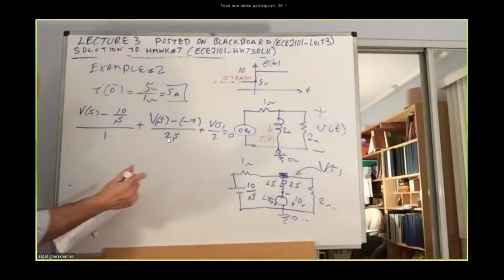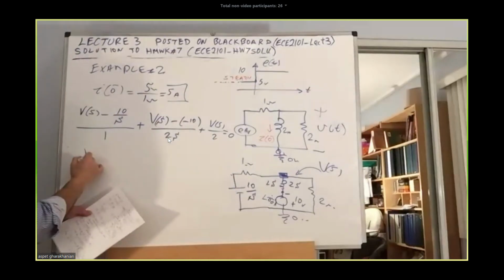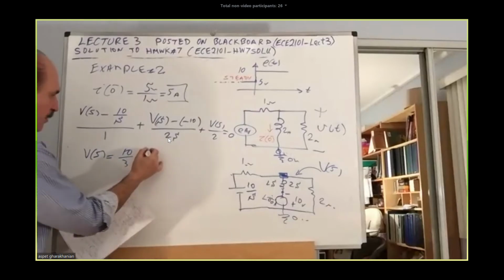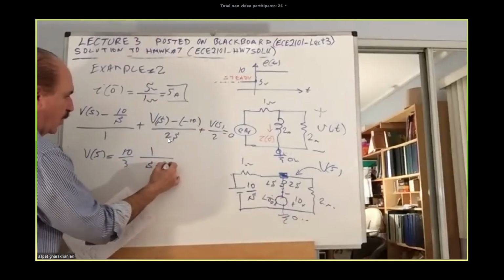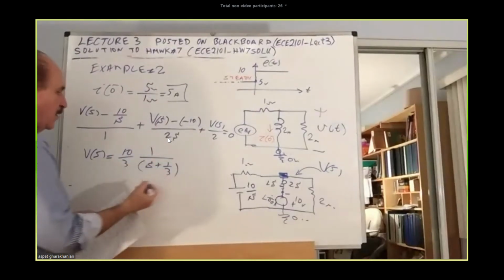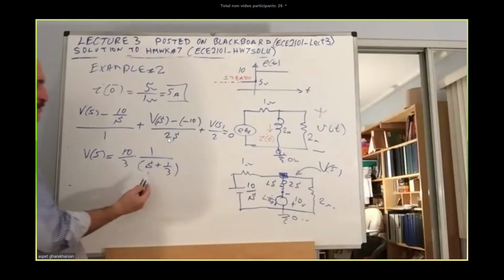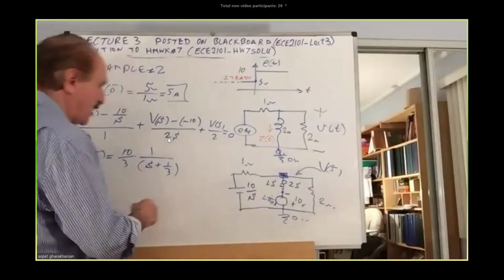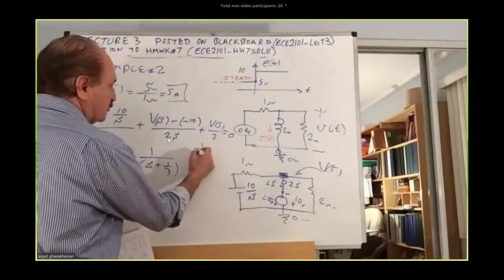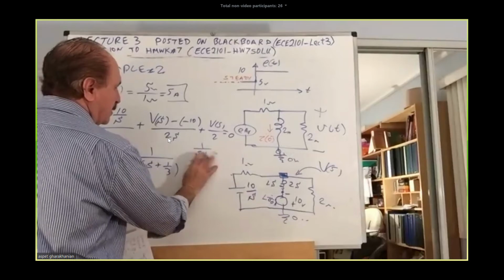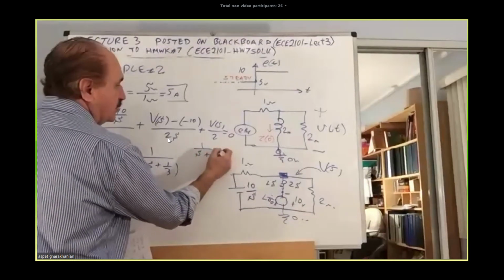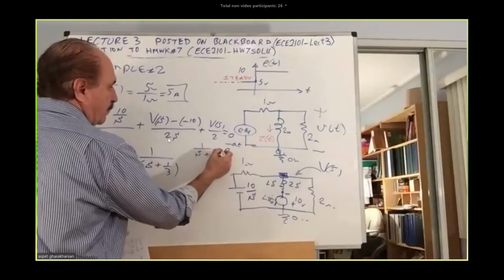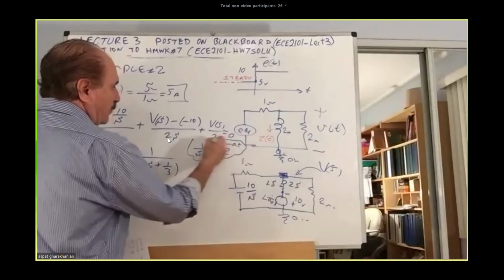Rearrange it, and you get V of S equal to 10 over 3, times 1 over S plus 1/3. That is clean cut available in the Laplace table, because 1 over S plus A translates to e to the power minus at.